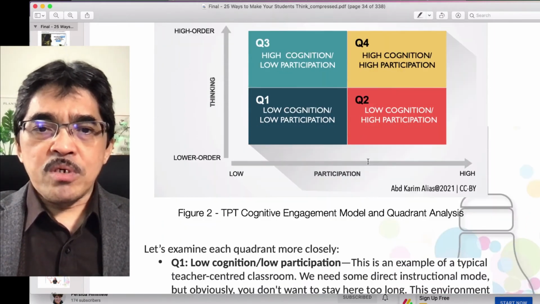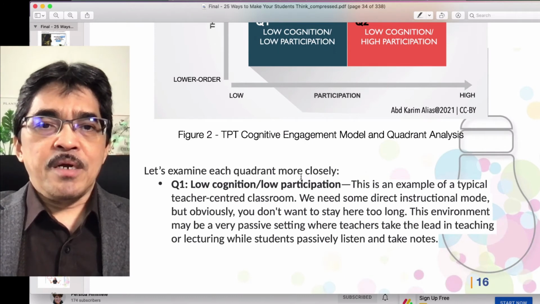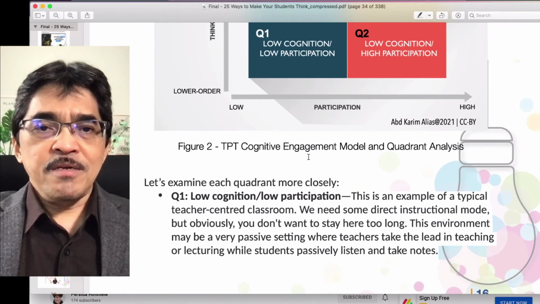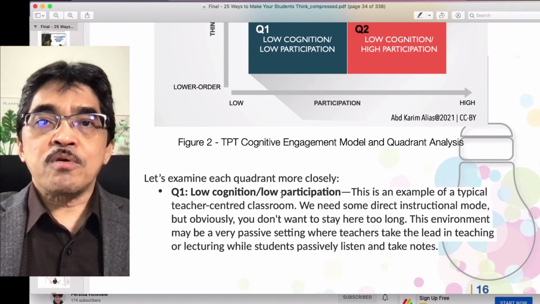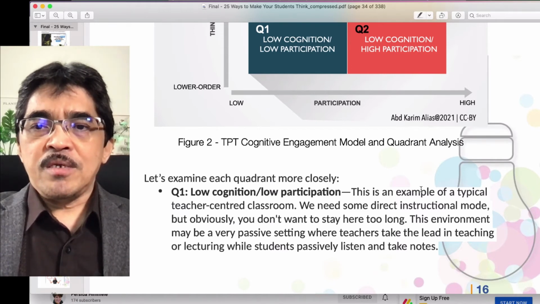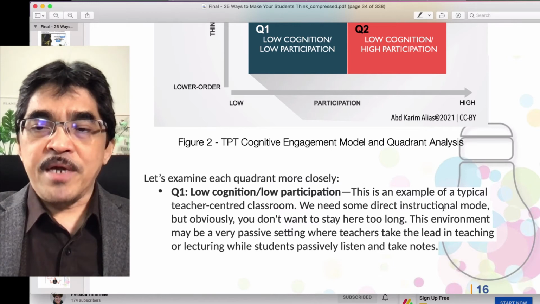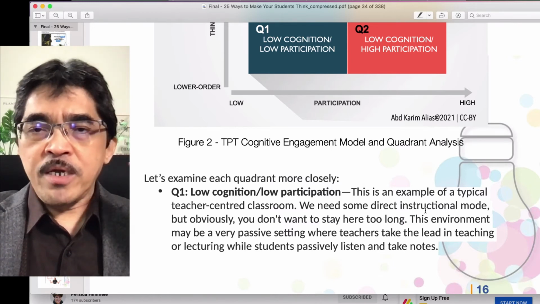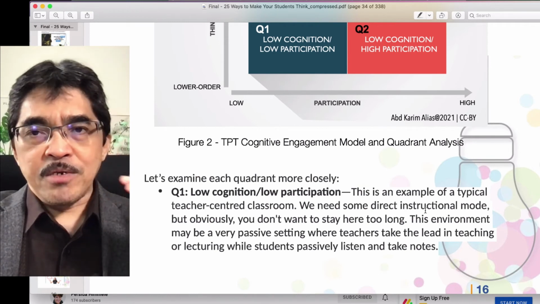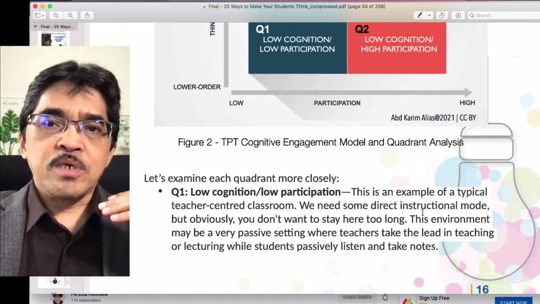So in my book, I have explained each domain here. In Q1, for example, low cognition and low participation, this is an example of a typical teacher-centered classroom. Of course we need some direct instructional mode. It's still okay to have part of the session to give lectures.